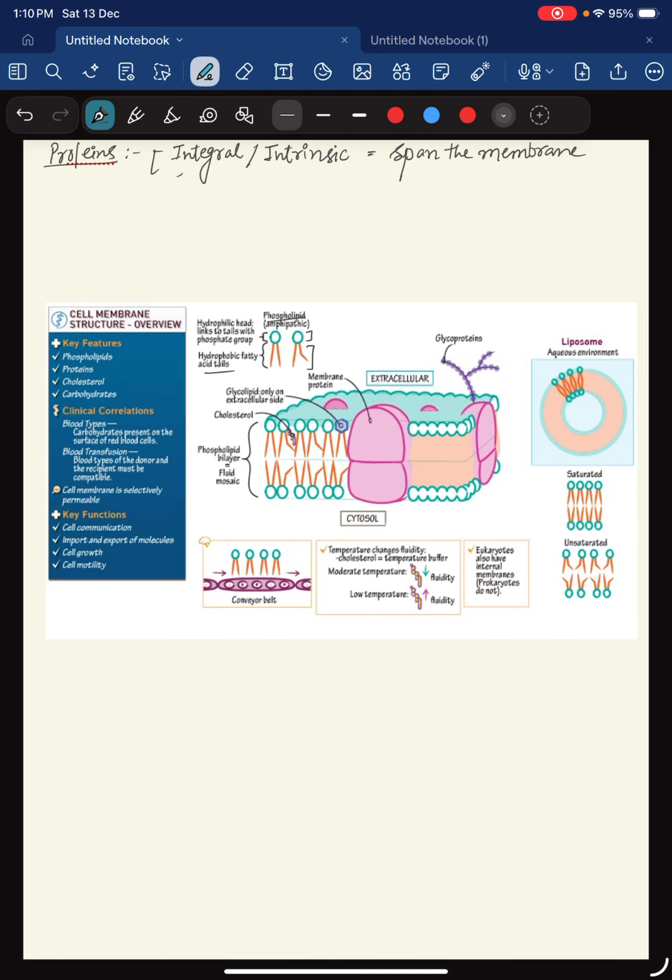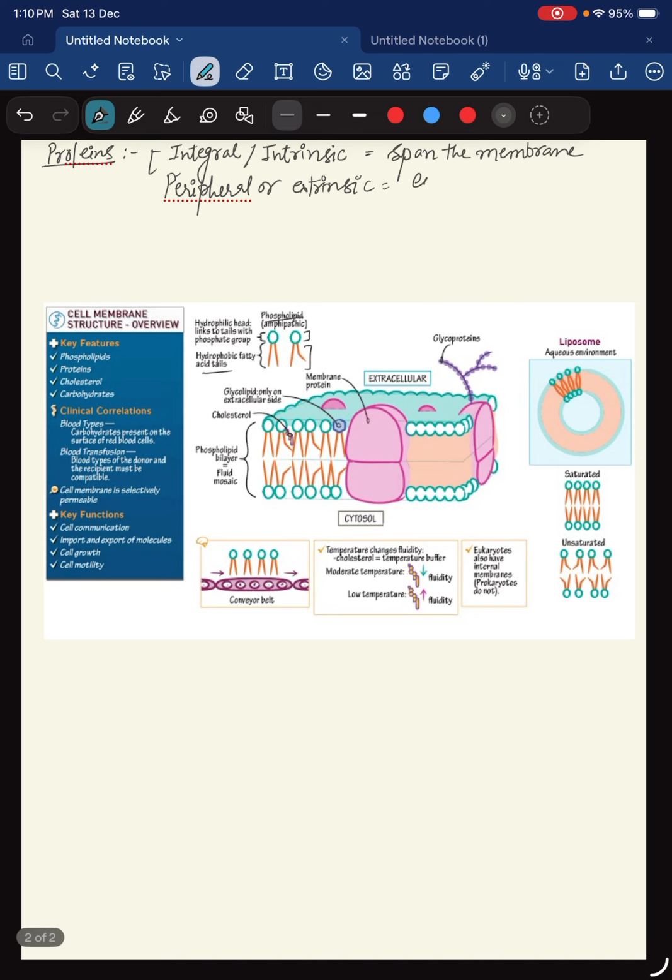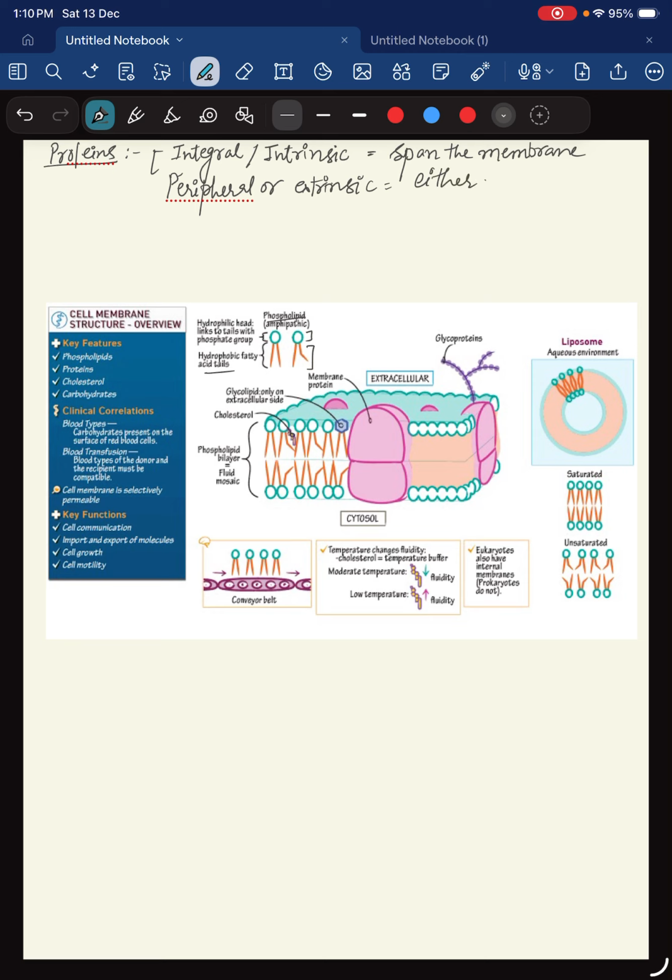Next are peripheral or extrinsic proteins. These are present on one side or the other side of the membrane. These are not embedded, they are present on either side of the membrane.